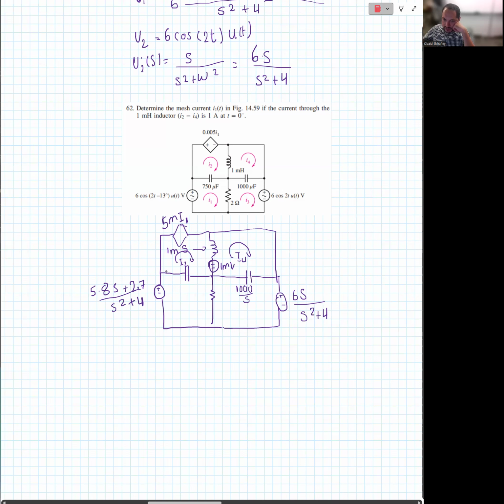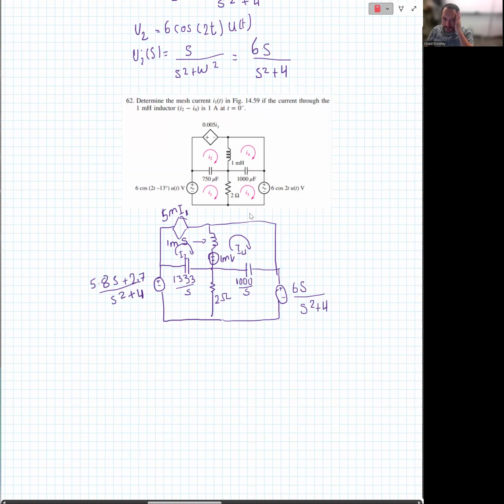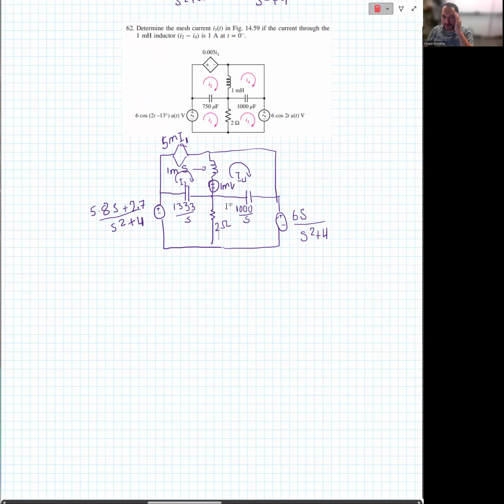And this capacitor is 1 over 750, 3 over S, and that final resistor has a resistance of 2.